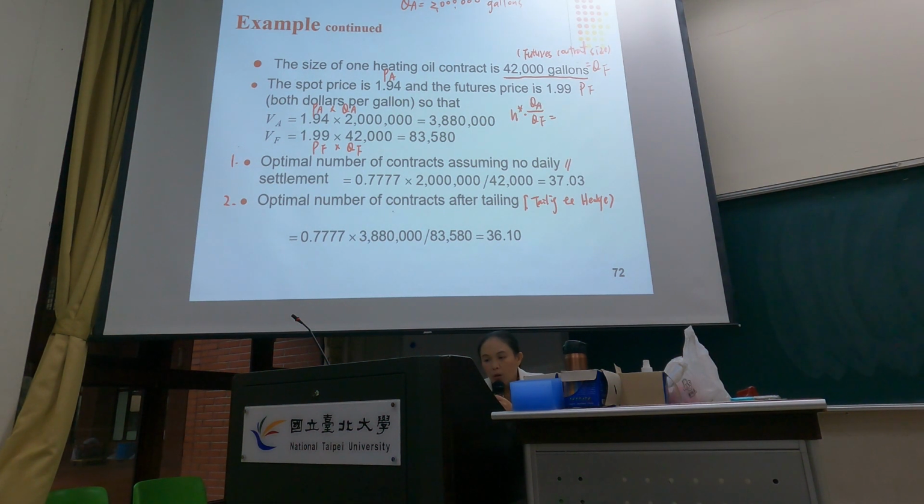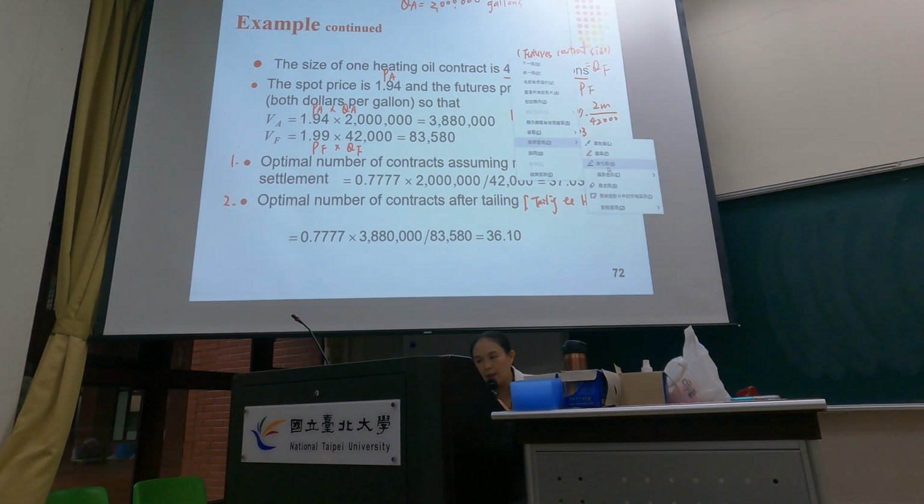So H star is 0.7777 times QA, 2 million, over QF, 42,000. Agree? Equals 37.03.